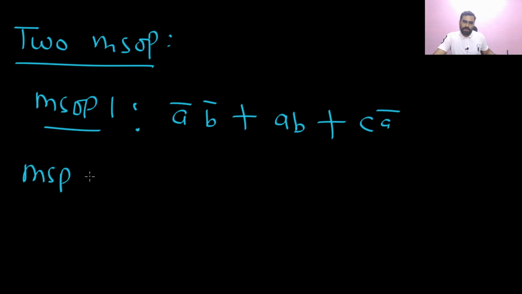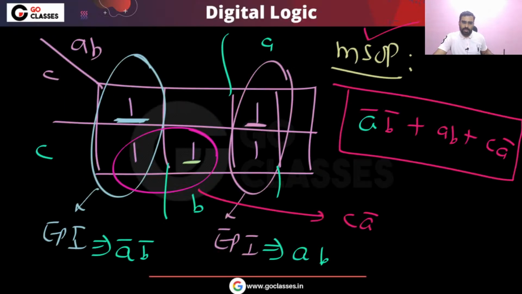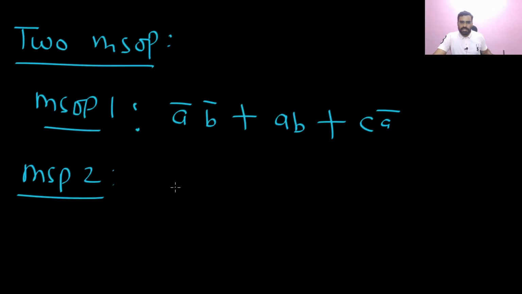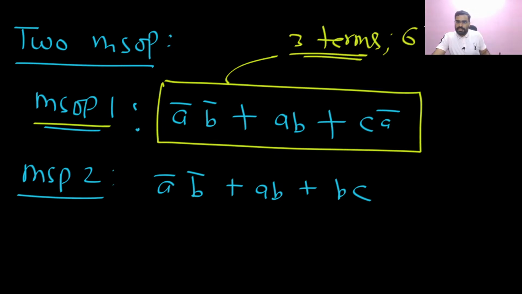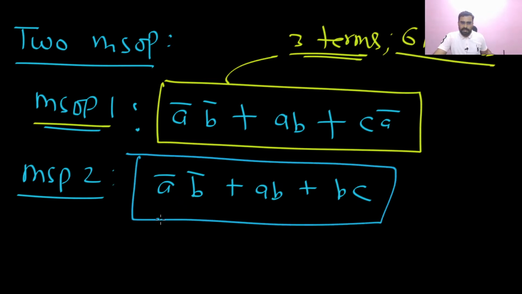And what is minimum SOP 2? Minimum SOP 2 is A bar B bar, or AB, or BC. You can check the complexity: here you can notice there are 3 terms, 6 literals.